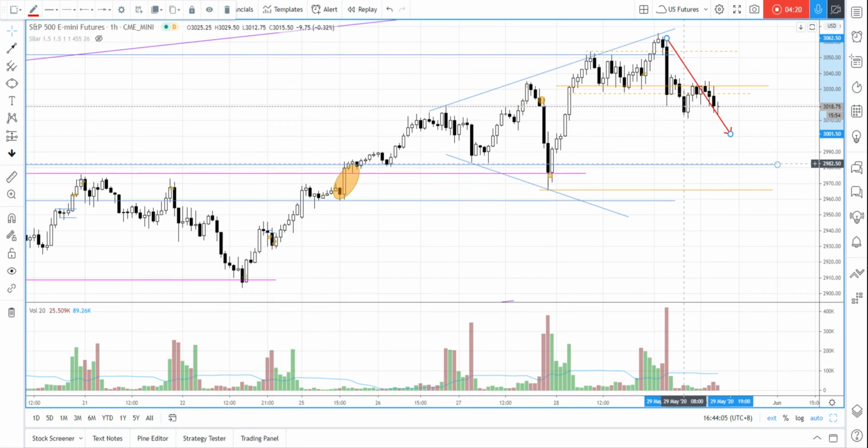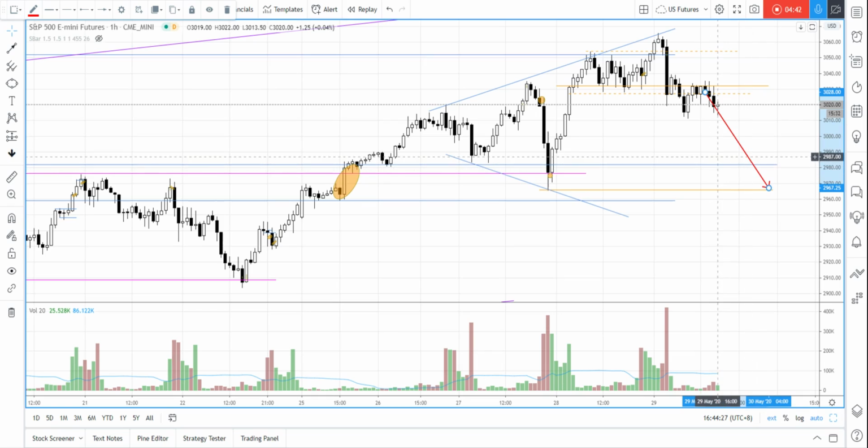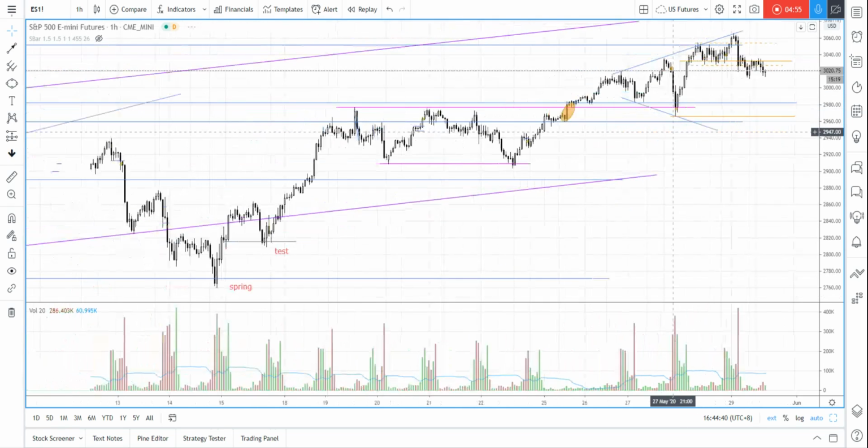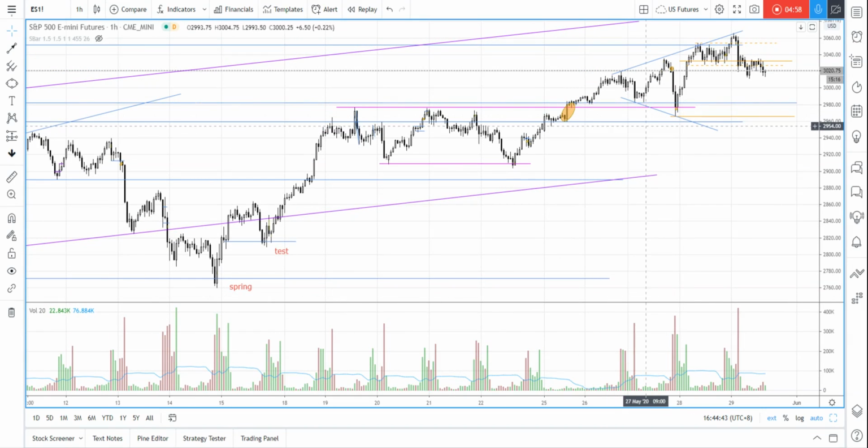The levels that we're paying attention to are still valid, like 2980. Today it is still quite an important level to watch, because if it pulls back to this level, 2980, then it could become a long entry if it has some kind of support around there. Else, the next level is the swing low here, 2967 or 66, somewhere around there. So far I think we are still within the uptrend.